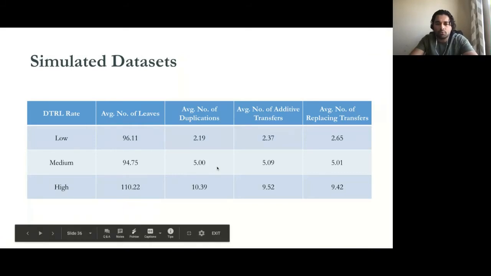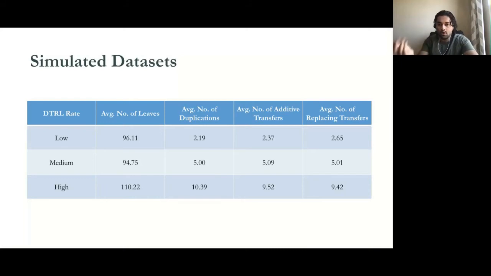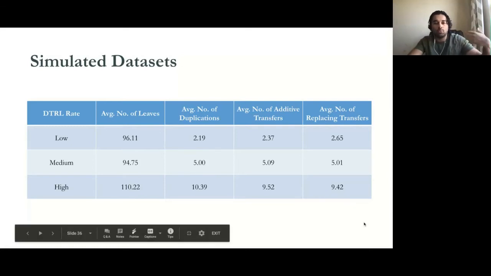But for the number of events in general, we see that as the DTRL rate increases, we essentially sample more events of not only duplications, but also additive and replacing transfers as the rate of these different events that we provide the framework with goes up, which would essentially reflect our expectations with this DTRL rate.